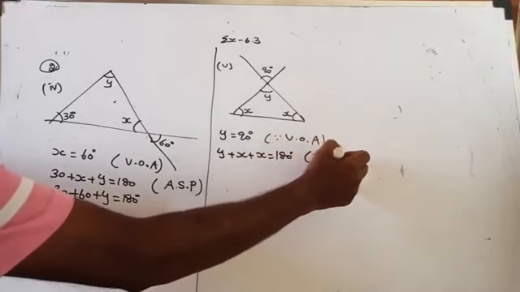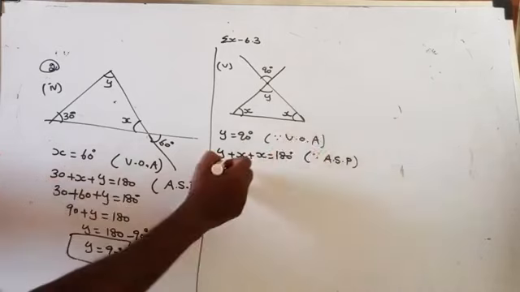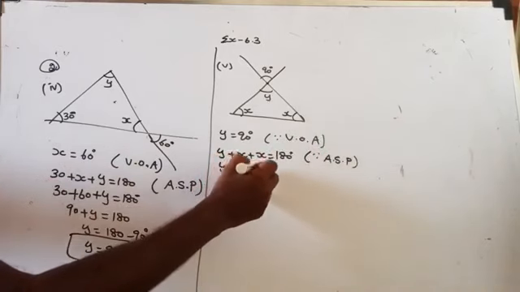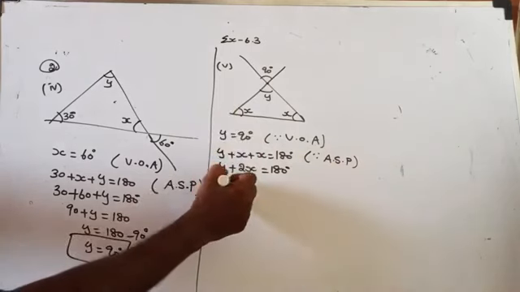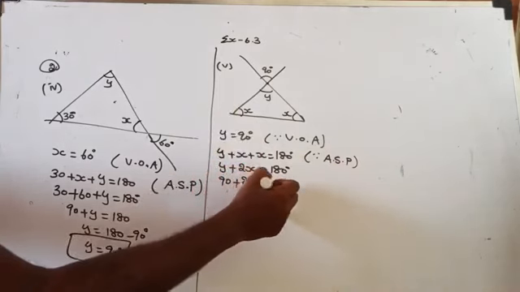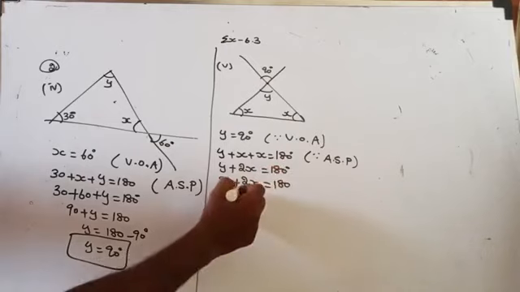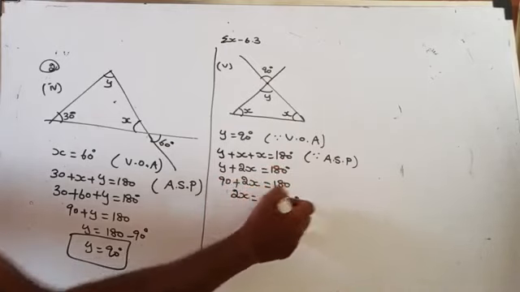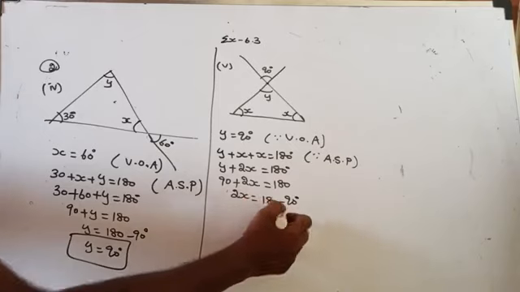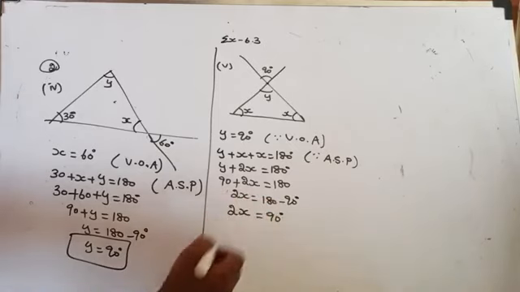So y plus 2x is equal to 180 degree. Already we found the value of y, substitute here. So 90 plus 2x is equal to 180 degree. Then 2x is equal to 180 minus 90. 180 minus 90 is how much? 90 degree. So 2x is equal to 90 degree.